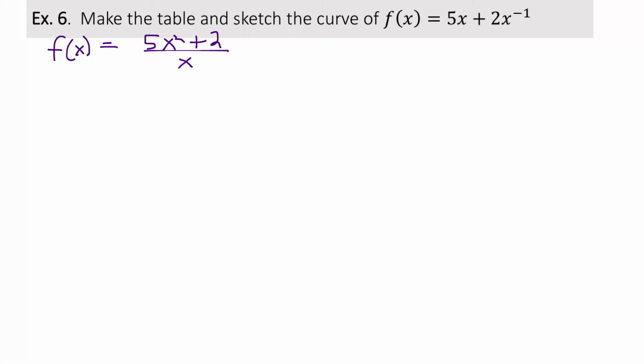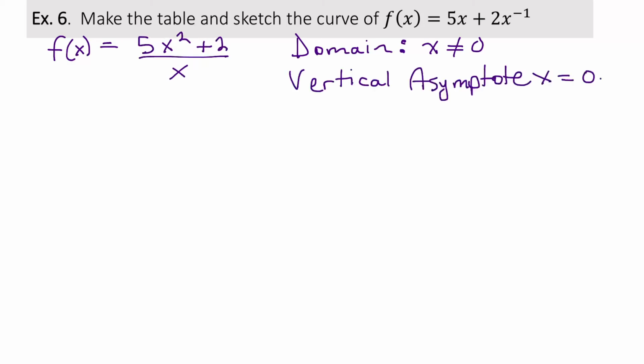So I have a domain restriction. x cannot be 0. So if I have a domain restriction where x cannot be 0, that means I have a vertical asymptote at x is equal to 0. While we're at it, let's talk about whether we have a horizontal asymptote. So looking at the highest degree, in the numerator I have a 2, and in the denominator I have a 1.